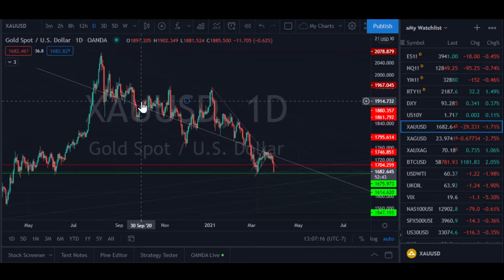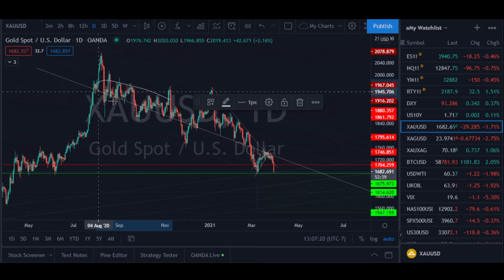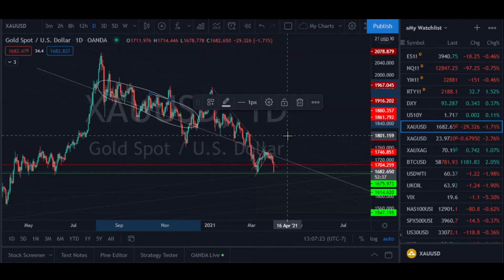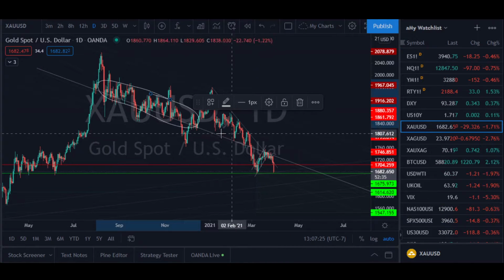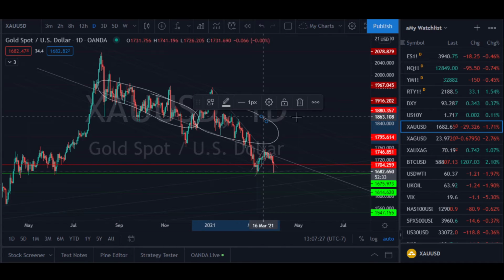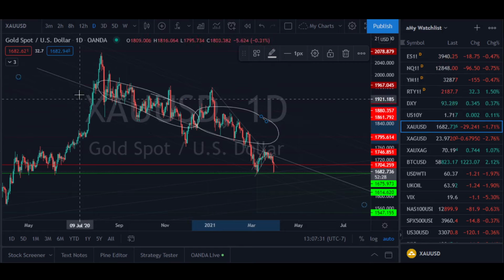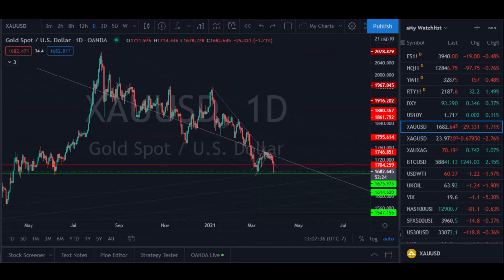So the point is you can kind of see, especially throughout this range, it was range bound at that point, and then we got a little bit bigger in the center here. Anyway, the point is that those trend lines work.